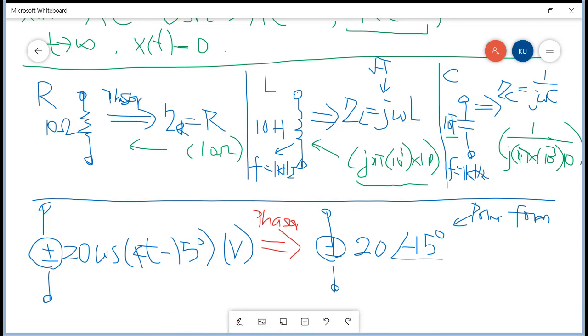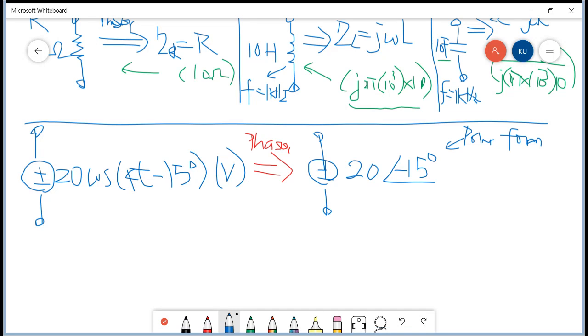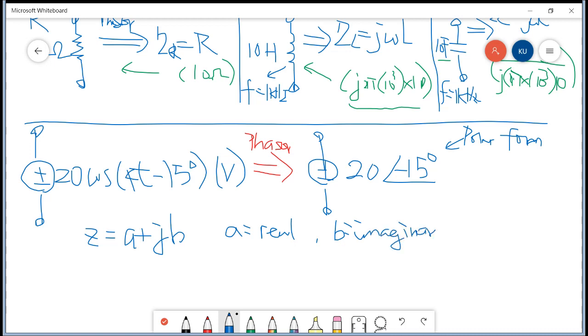I suppose you have learned complex numbers. A complex number can be represented as Z equals A plus jB, where A is the real part and B is the imaginary part. Then it can be written as R at angle theta.